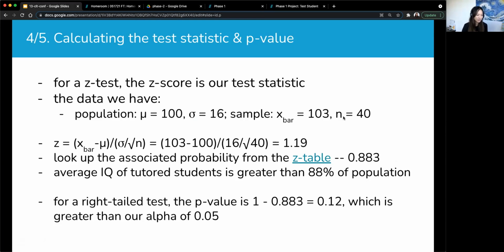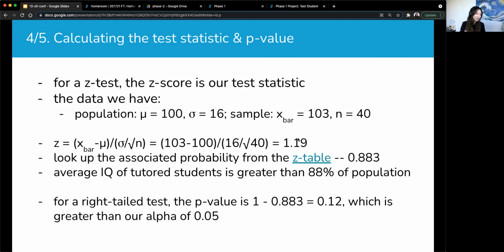So this group of 40 students has a z-score of 1.19. If you remember from yesterday, the way that we interpret this 1.19 is that this group of students lies 1.19 standard deviations away from the mean of 100, with the standard deviation being 16.